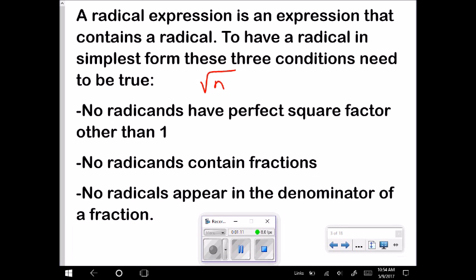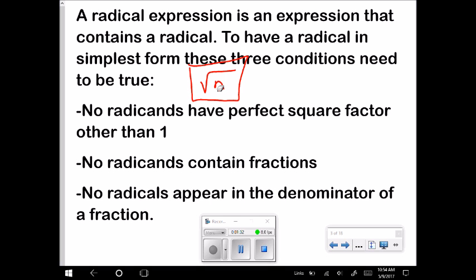Okay, some general information here. Essentially what we're going to be looking at today is simplifying radicals. A radical expression is an expression that contains a radical. Okay, so here we go. Here's the radical. Some things you may need to know about it. The actual symbol is called a radical symbol. And then inside, this n would be considered the radicand.